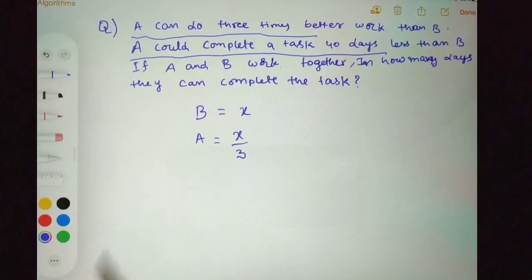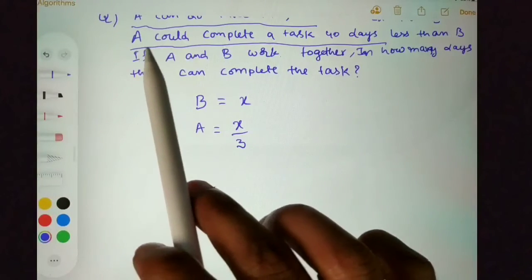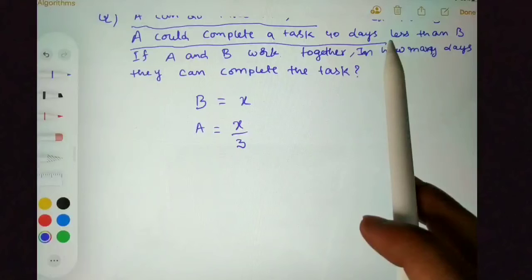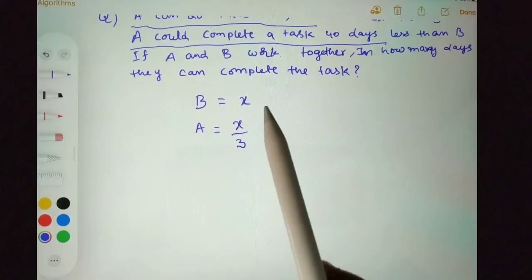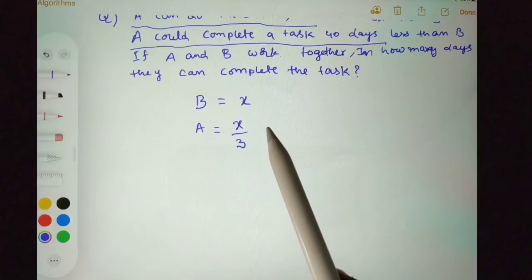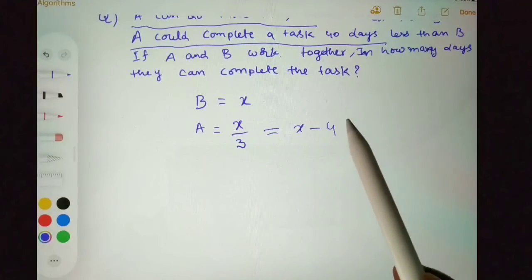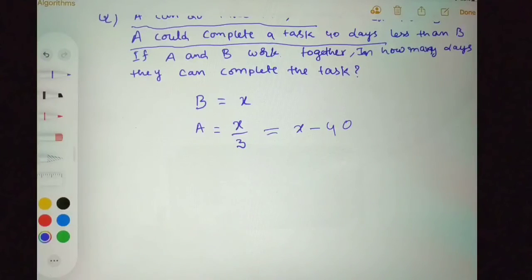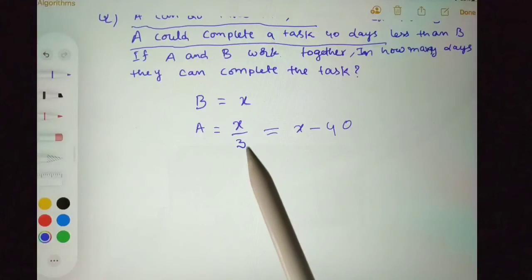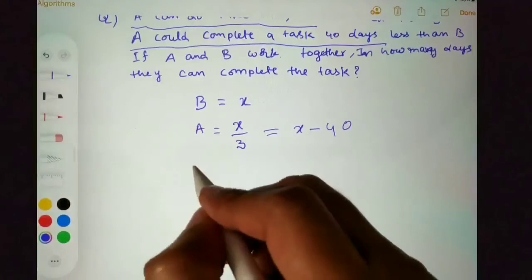And another piece of information we have is that A could complete a task 40 days less than B. It means if B takes X days to complete the task, A will take 40 days less than X. And now this X by 3 is equivalent to X minus 40.